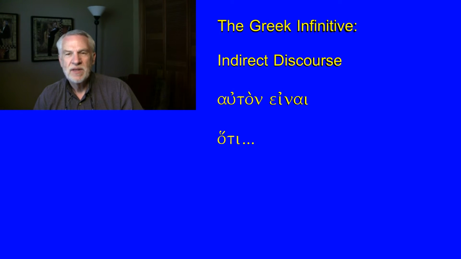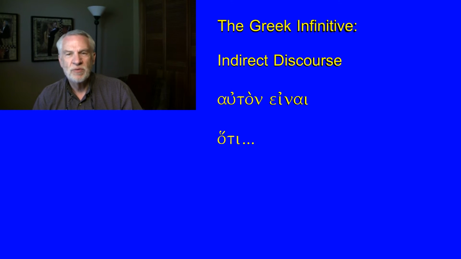Well, in the Greek, we're going to use hoti, and then we're going to use the verb in the tense in which it was originally expressed. And so if I were to make that statement, I will make a cake, you'll notice that it's in the future tense at the time that I say it.